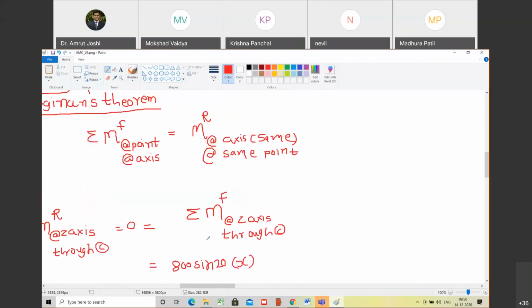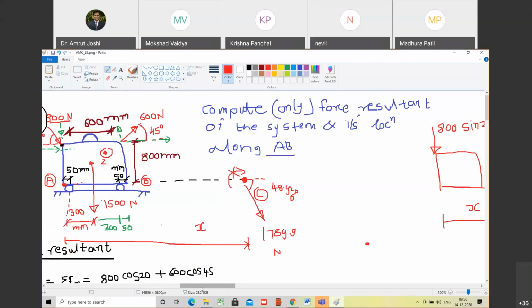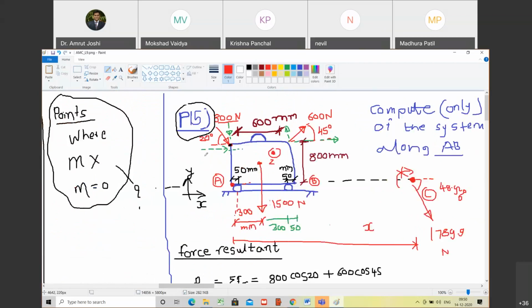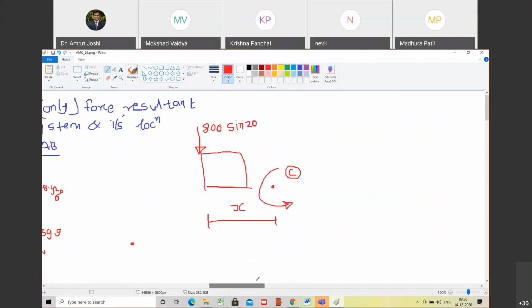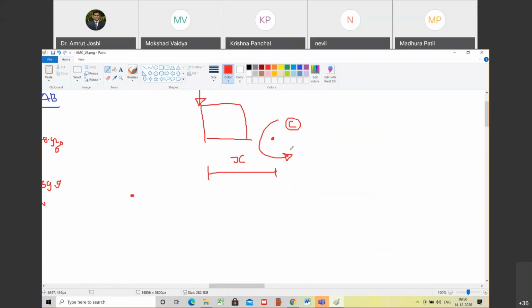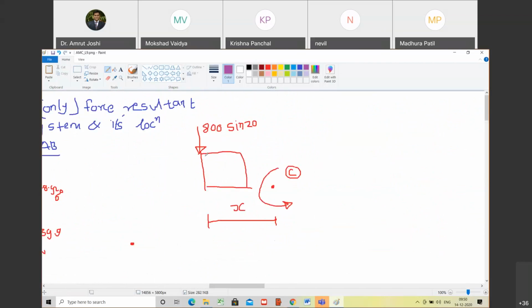Yes, sir. चलो अब इसी फोर्स का एक हॉरिजॉन्टल कंपोनेंट भी होगा. वो कितना है बताओ मुझे? What is the horizontal component of this 800 Newton force? 800 sin 20. No? Cos 20, sorry, cos 20. So the horizontal force is 800 cos 20.